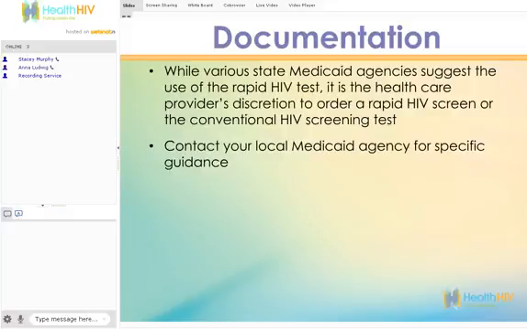While various states suggest the use of the rapid HIV test, most providers may prefer to do the blood screen test. So again, check with your local Medicaid agencies.